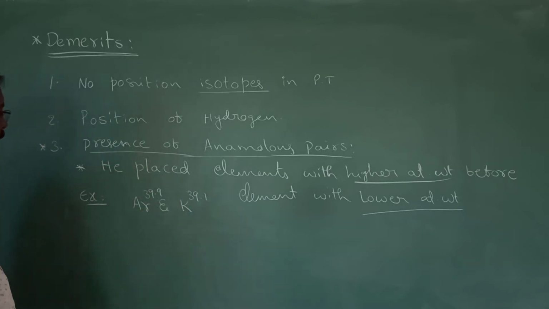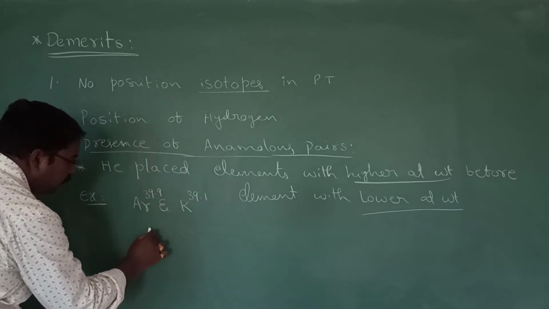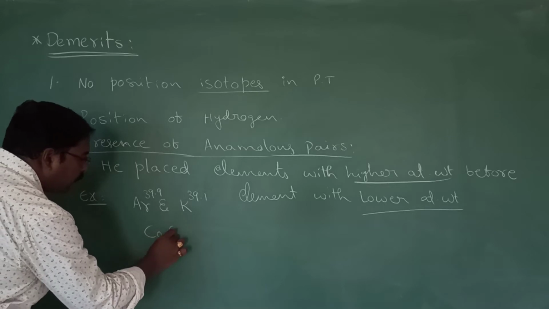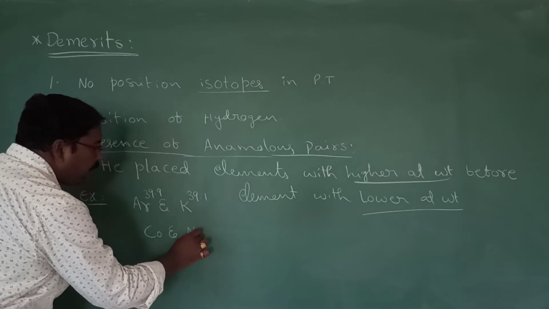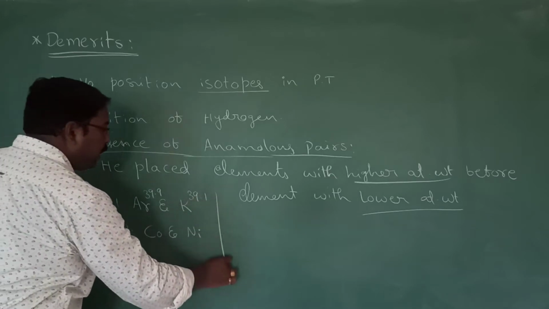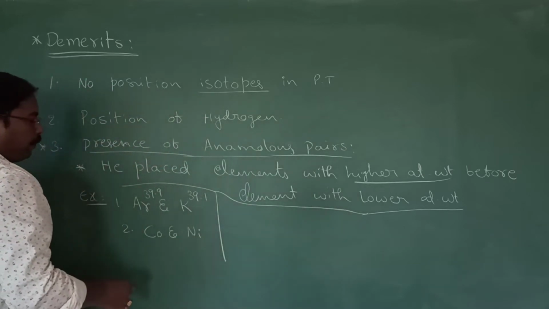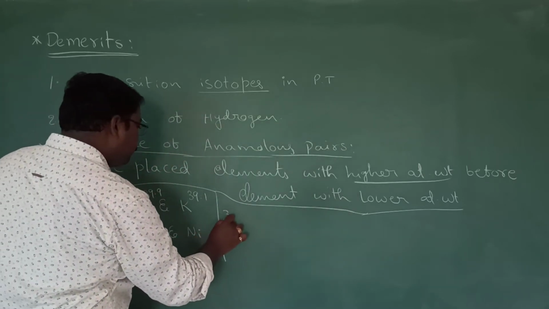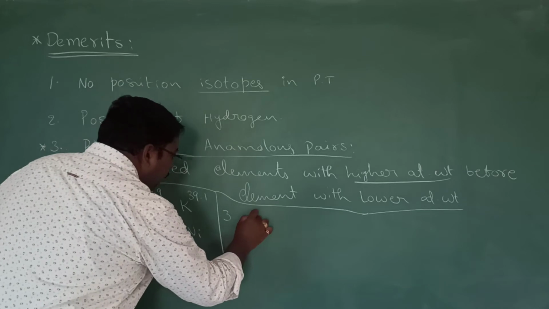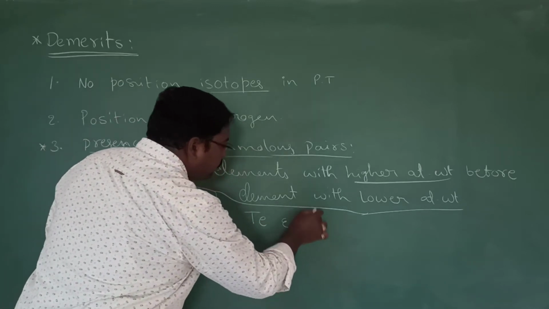In the same way, coming to other elements, cobalt he placed before nickel. This is one example. This is another anomalous pair. Coming to the other examples, tellurium he placed before iodine.